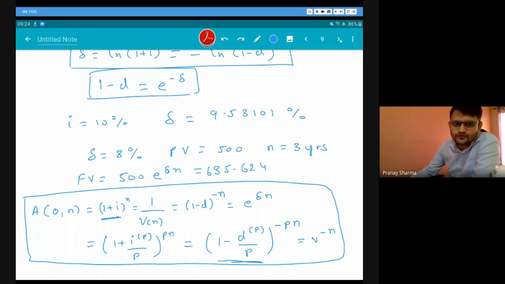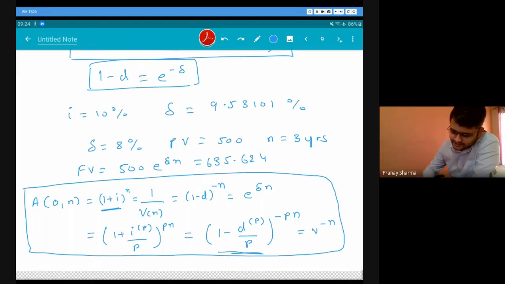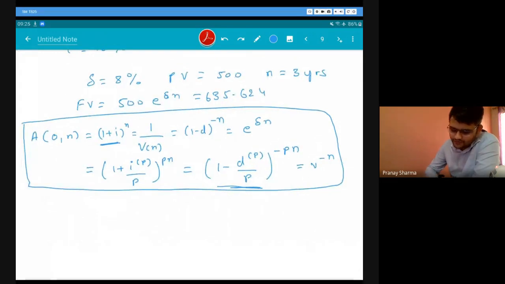So you should write this as a formula, because all of the conversions from this to this, from this to this, everything is written here. You just have to not make any mathematical mistakes here.